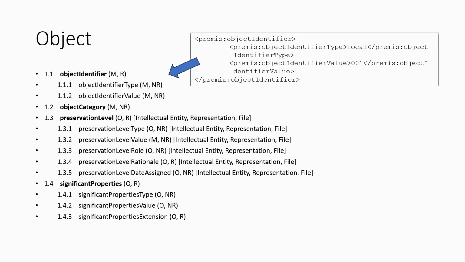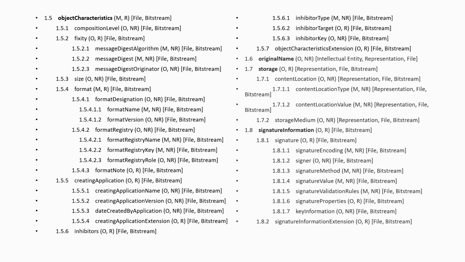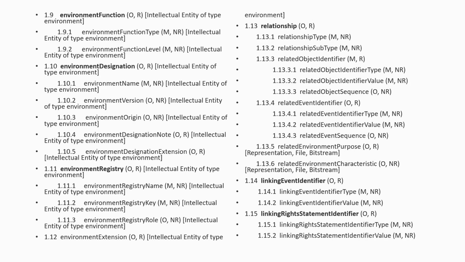The object entity's semantic units, highlighted in bold, are object identifier, object category, preservation level, significant properties, object characteristics, original name, storage, signature information, environment function, environment designation, environment registry, relationship, linking event identifier, and linking rights statement identifier.